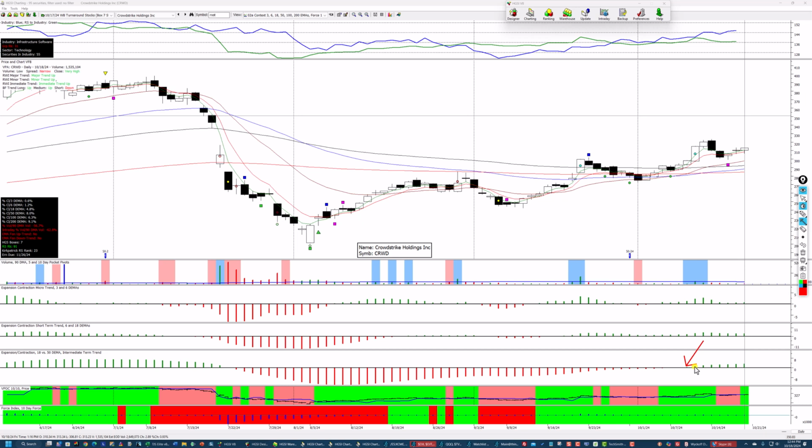So this stock is more in an uptrend, I should say. Here's the low, here's the higher low, higher low, higher low, higher high, higher high. So the stock is trending up.